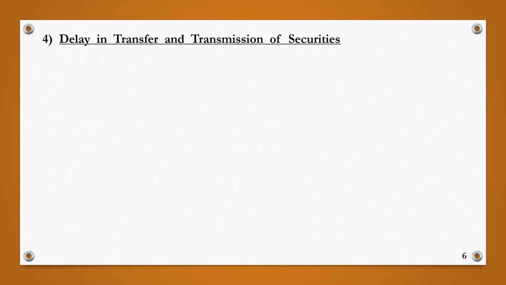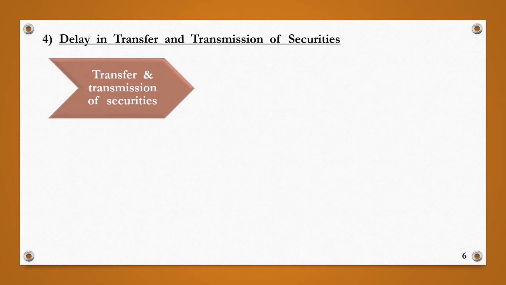The next disadvantage in physical mode of handling securities is delay in transfer and transmission of securities. As discussed earlier, transfer of shares means when a member voluntarily transfers shares to another person either for monetary reasons or as a gift.